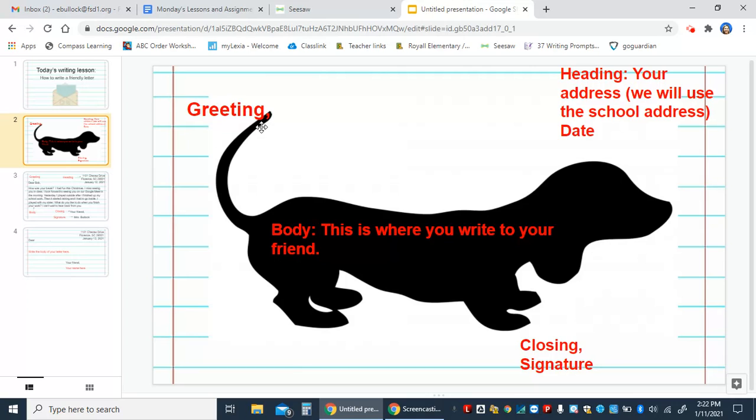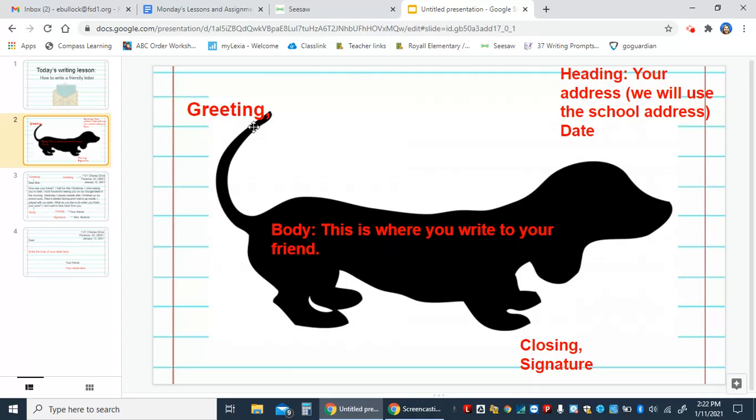He likes to greet you and he might get really happy and start wagging his tail. So that's why I put the greeting over on this side of the page with his tail picture, okay? Now, in your greeting, that's normally where we start out our letter by saying, dear, and then the person's name. And we put this special punctuation mark that's called a comma.